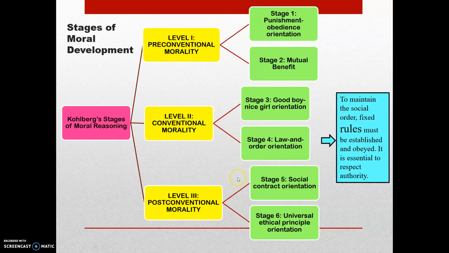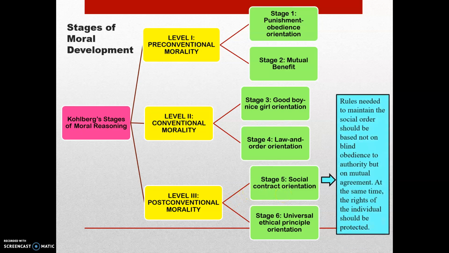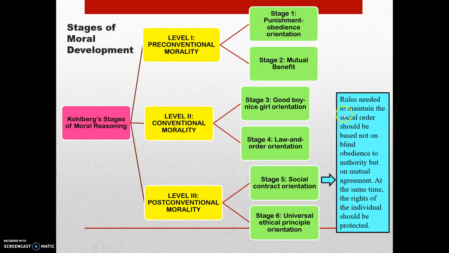And next, the third level, the post-conventional morality, specifically stage 5, the social contract orientation. The children who have already reached this stage follow the rules because they have understood that they can benefit from it.